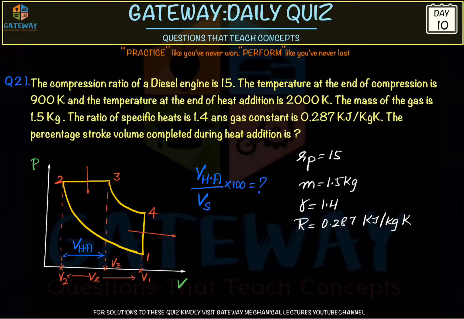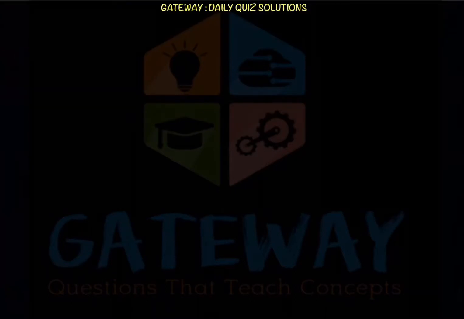So this we will calculate easily. First of all, we will take the percentage as some x. V heat addition is equal to x times V swept, right?